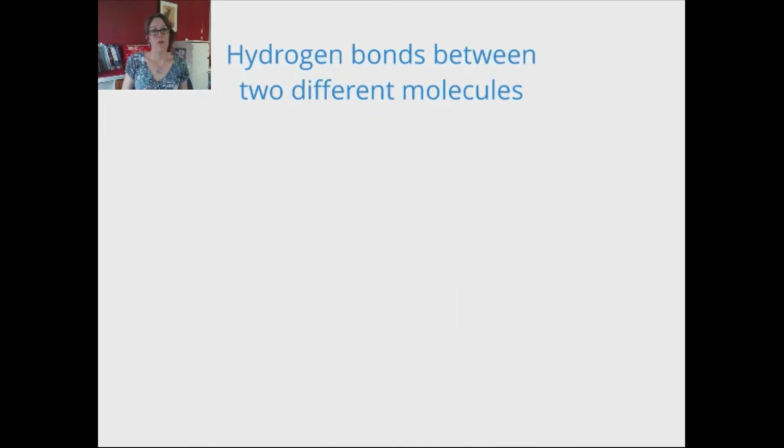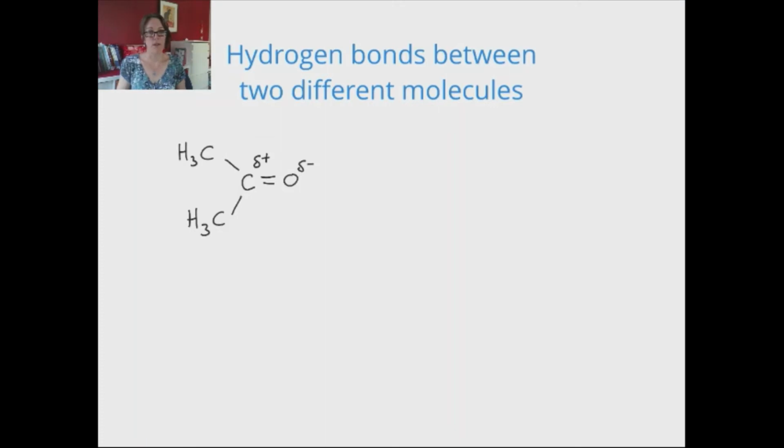What about hydrogen bonds between two different molecules? So let's have a look at something that we would not normally consider to form hydrogen bonds. So propanone does not have hydrogen bonding between its molecules.